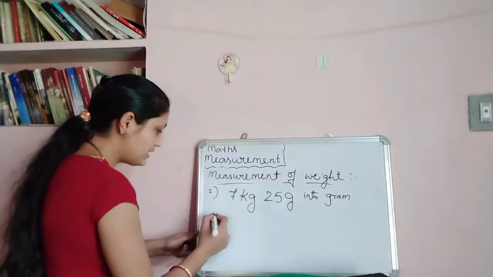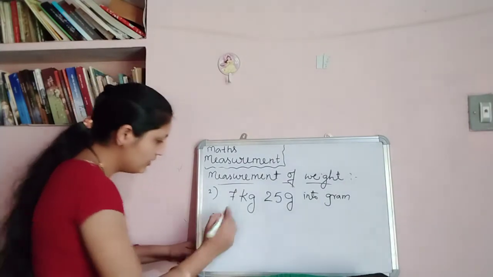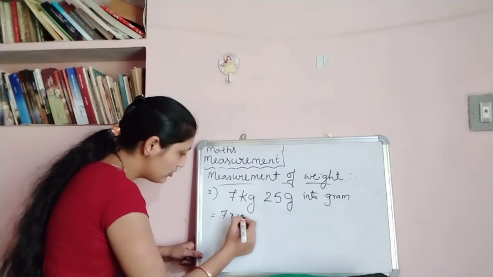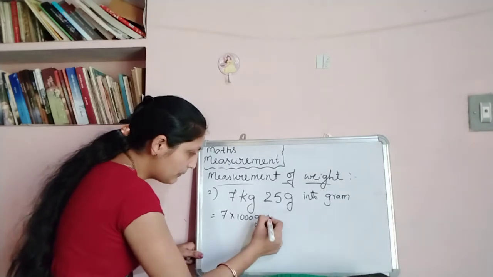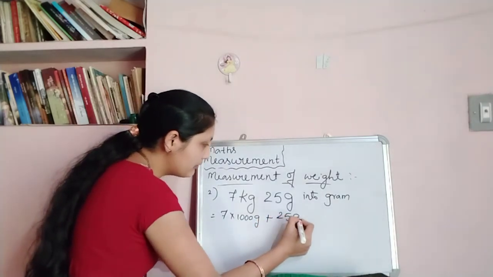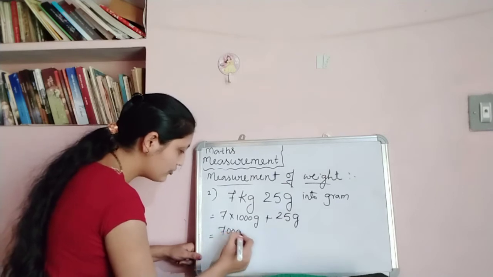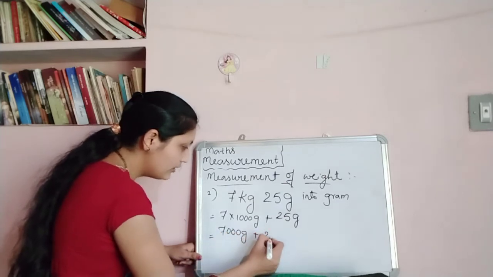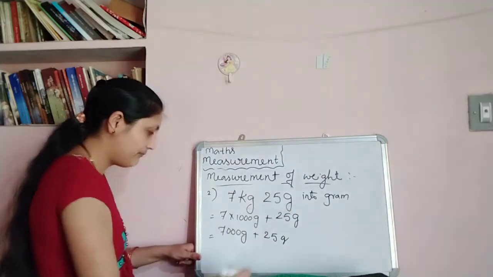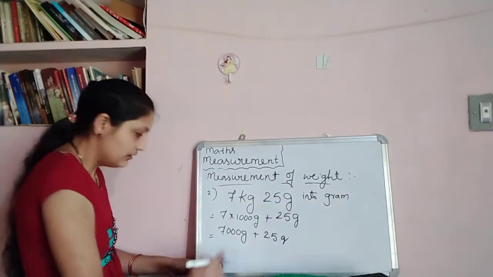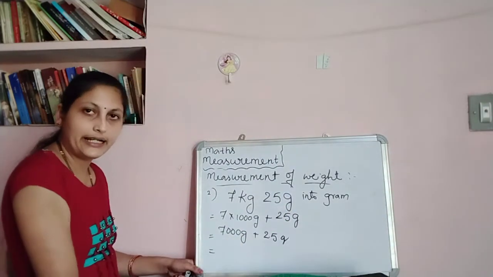So 7 kg has to be expressed in gram. So 7 into 1000 gram plus 25 gram. 7 into 1000 gram is 7000 gram plus 25 gram. When it is added, you can write one below the other and add.